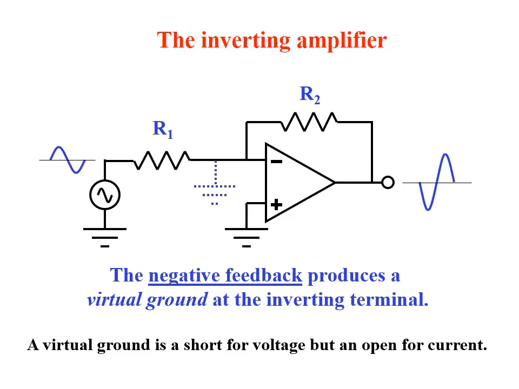As you can see, the output of the op-amp is feeding back through R2 to the inverting input, and the non-inverting input is connected to ground. We have R1, the input resistor, and this is the source of the signal. So the output will equal the input times the negative feedback gain.